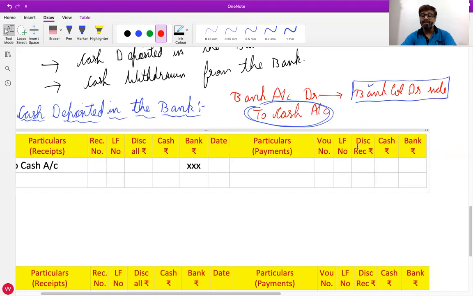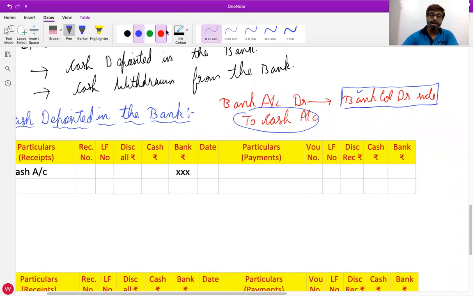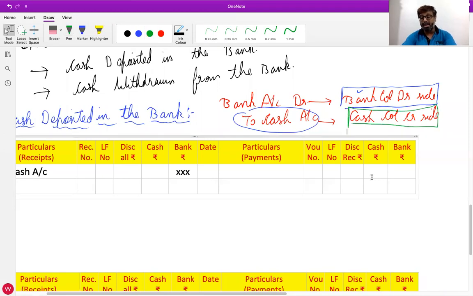Now same way, to cash account credit means in cash column you will write on credit side. So amount will come in the credit side in the column of cash. Did everyone understand this?